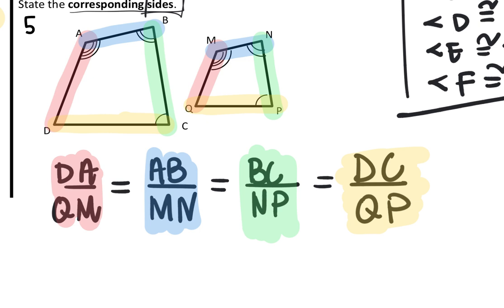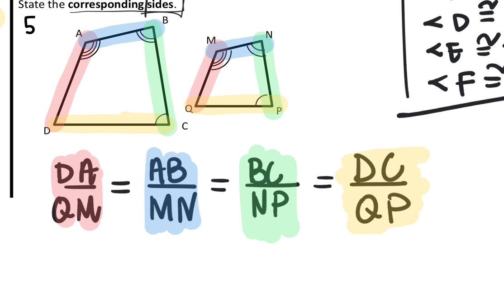The blue part, I went from A to B, so from left to right. So I have to do the same order for my other figure, from M to N. The green part was the same from B to C, so N to P. And my last side could have gone from C to D, but I decided to go from D to C, okay?